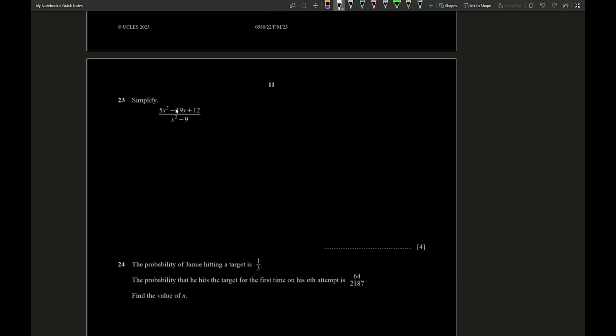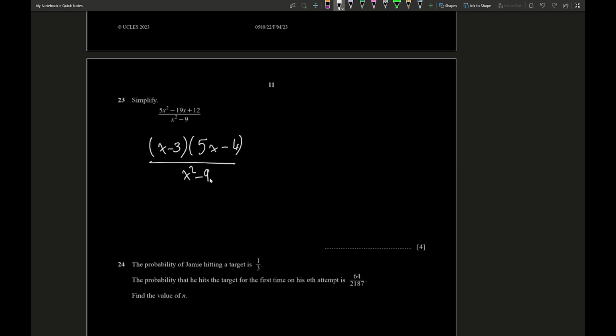Simplify the fraction 5x squared minus 19x plus 12, all divided by x squared minus 9. Okay, now to simplify this, we first have to factorize the top and bottom. To factorize the top, you just use the quadratic formula or your calculator, and 5x squared minus 19x plus 12 can be factorized into x minus 3 times 5x minus 4, and in the denominator it's just x squared minus 9.